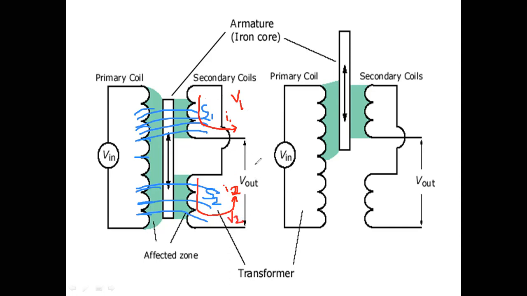V out is equal to V1 minus V2. Output is in differential form, such that output is equal to 0. Why? Because V1 equals V2, since I1 equals I2.